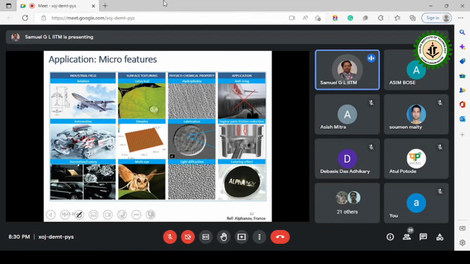We call them functional surfaces, textured surfaces or functionalized surfaces. If you have seen the lotus leaf, when you put water, it doesn't wet the surface, but beautiful spherical water droplets will be formed on that. Does anybody know why that happens?